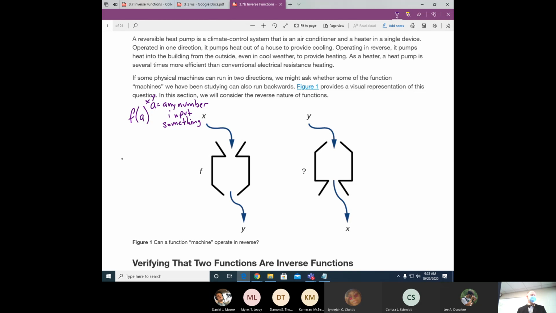Okay, so we have this function f, and we take some number x, we feed it into f, and what does it do to it? It does something inside of there to my number, and it cranks out some other number, y. Remember, y just represents some output.